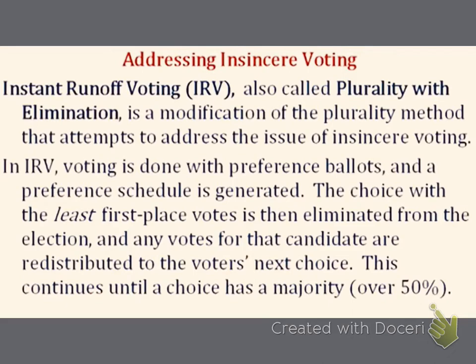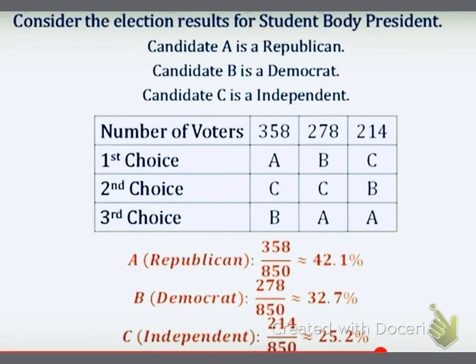Let's look at an example. Again, here's the same set of ballots, and we're going to eliminate the last place candidate, because they had the smallest percentage. Then we look at where these votes went.